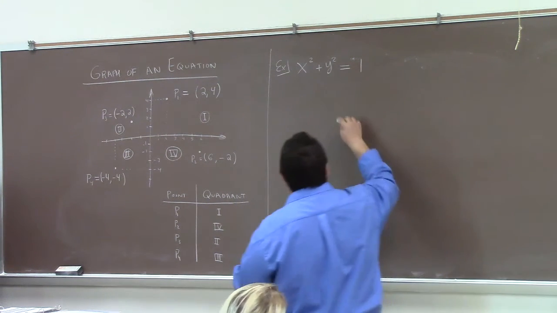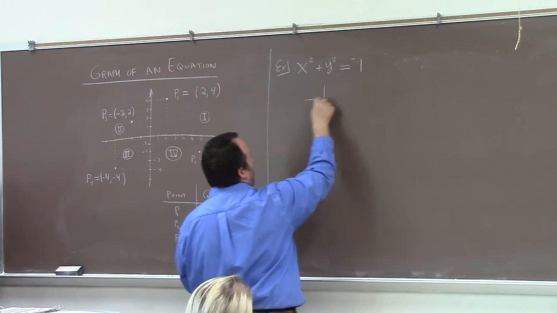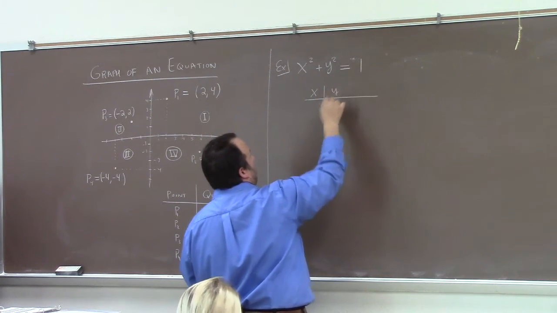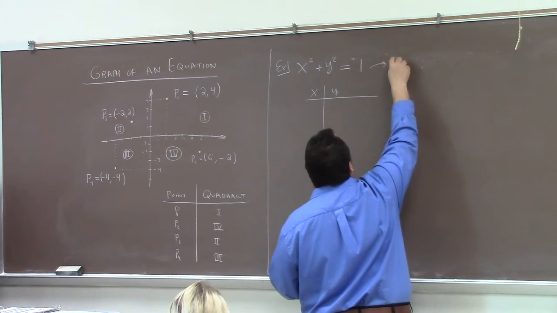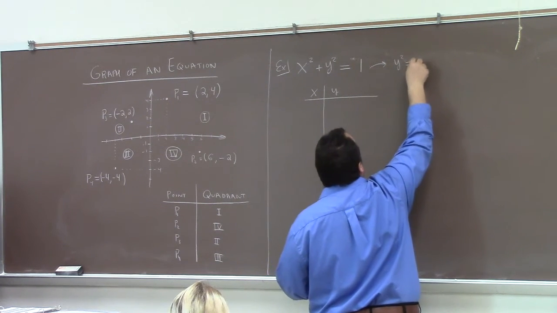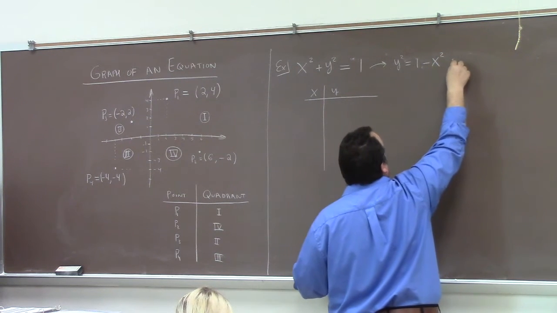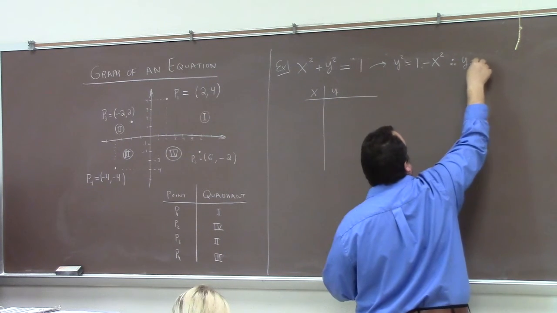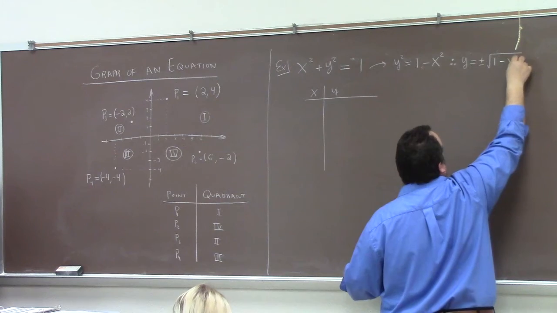So what we can do is make a plot of points. We can put x and we can put y. Now, we can do algebra to solve for y, right? So what's y going to be equal to? y squared is 1 minus x squared, right? So therefore, y is plus or minus the square root of 1 minus x squared.